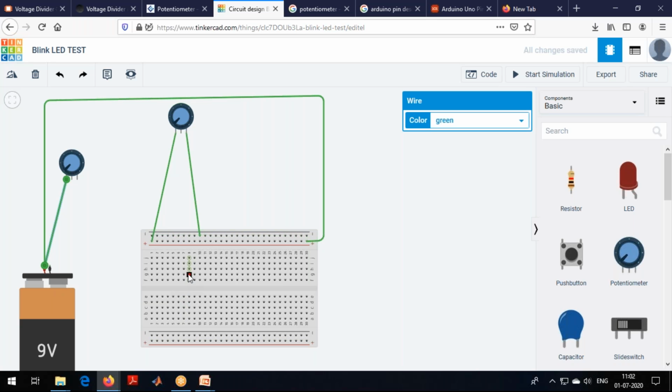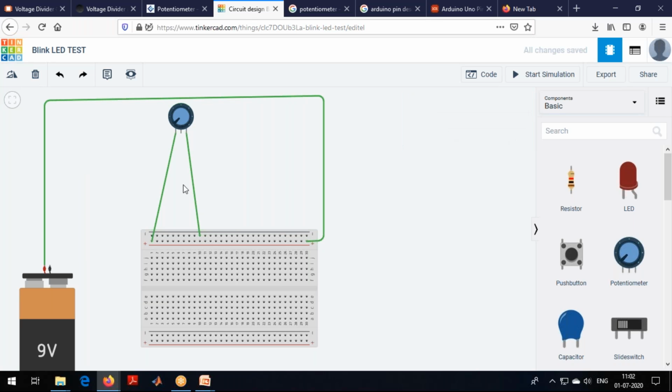Why I am using this breadboard is, if I have more components, I cannot make connections like this, right? That is the reason we are doing it like this. For example, in your home, we have current connections to the switch, fan, TV. But where is the current coming from?